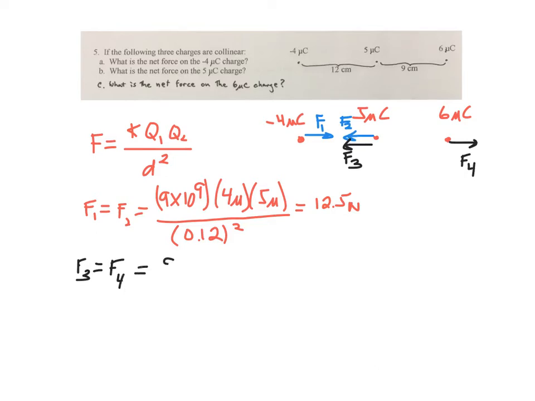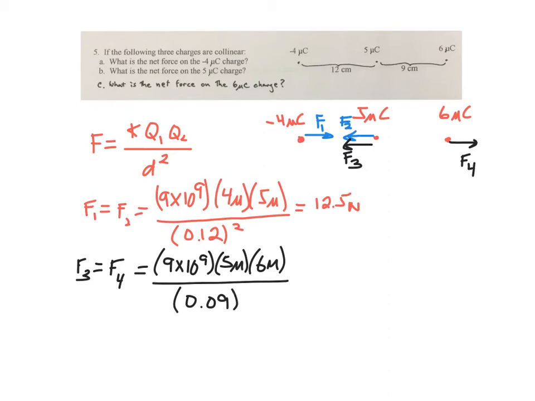Once again, it's Coulomb's constant, 9 times 10 to the 9th, times 5 microcoulombs, times 6 microcoulombs, divided by their distance, which is 0.09 meters squared. That gives me a force of 33.3 newtons. They're closer together and they're larger charges, so we have a larger force there. That's the decimal point, 33.3 newtons.